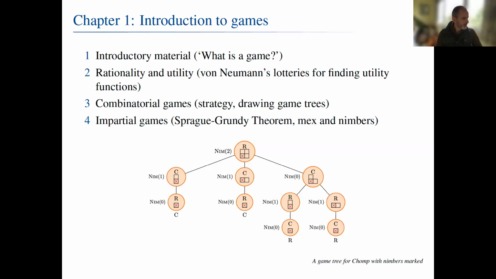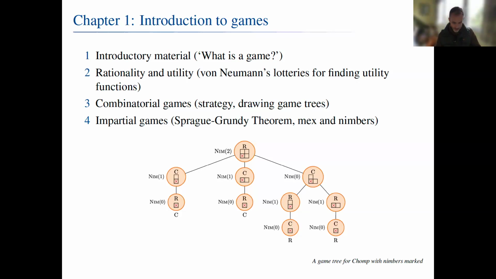And then in section 4, the specific case of impartial games as a subclass of combinatorial games, which has the celebrated Sprague-Grundy theorem, which tells you that basically every impartial game is equivalent to the stone-picking-up game nim, and there are various things that you can compute around that as well. Here's a game tree at the bottom, for example, of a game called Chomp, and the things on the side are the equivalent nim games, which you can compute.